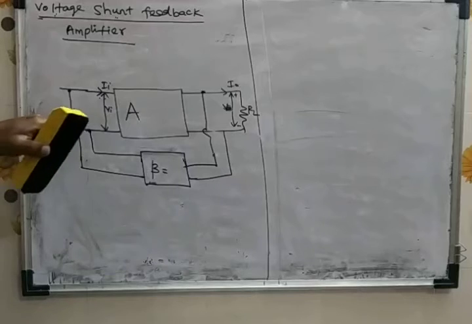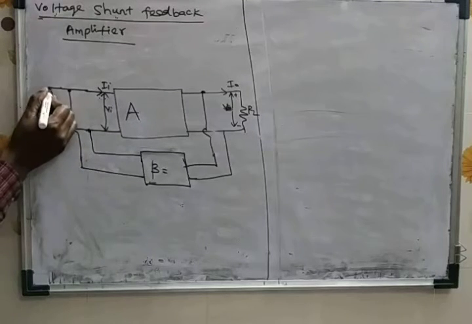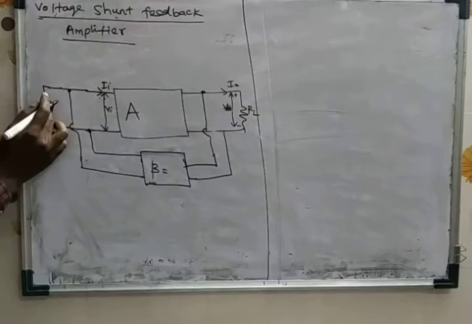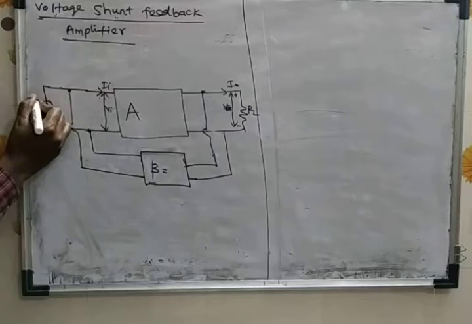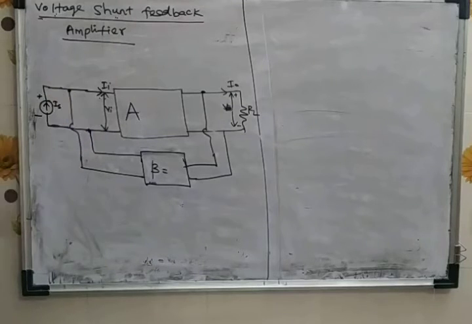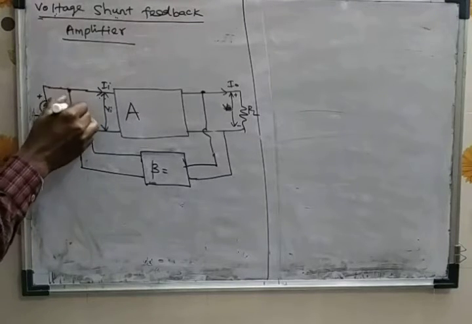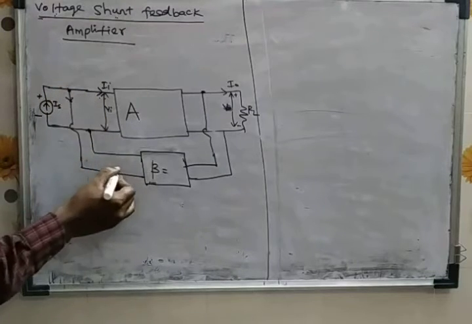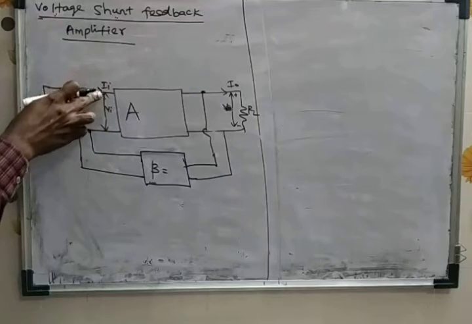If you are mixing shunt, here we have current, so we have a current source IS. Here you have conventional current flow like this: feedback current IF and amplifier current IA.